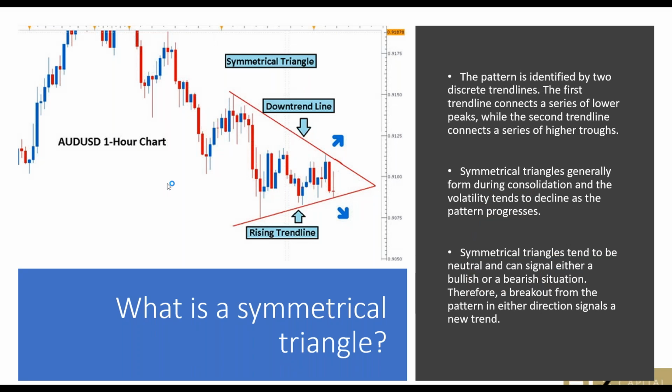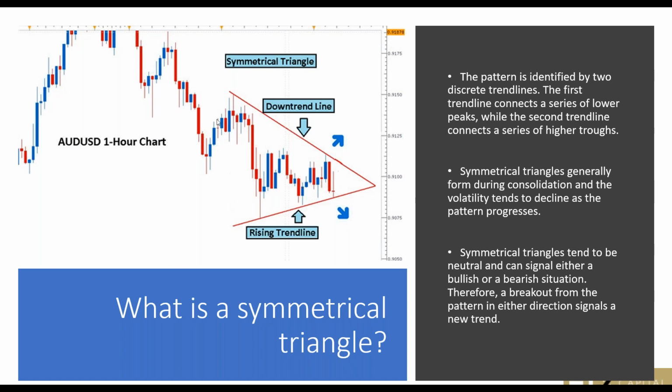So what exactly again is a symmetrical triangle? A pattern is identified by two discrete trend lines. The first trend line connects a series of lower peaks, while the second trend line connects a series of higher peaks. Symmetrical triangles generally form during consolidation, and the volatility tends to decline as the pattern progresses.